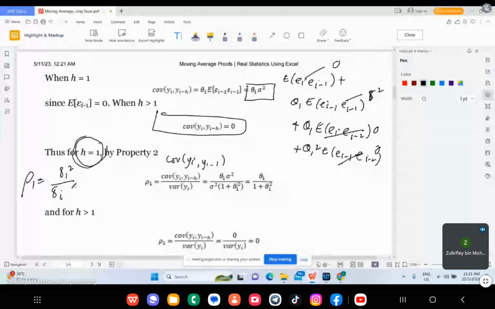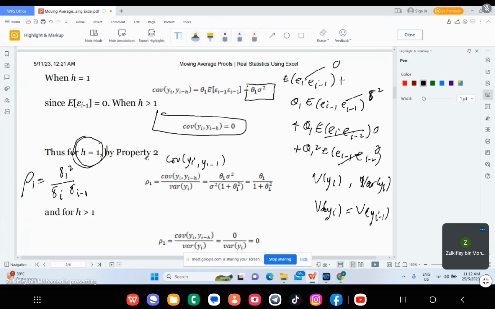Now, by definition, if you want to find the covariance, the variance of yi and yi minus 1 adalah sama. Okay? Variance of yi and variance of yi minus 1 ini adalah sama.